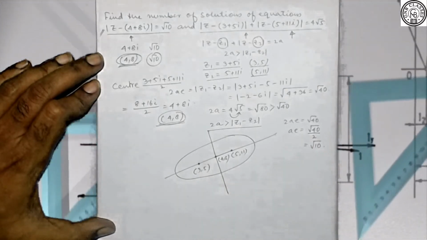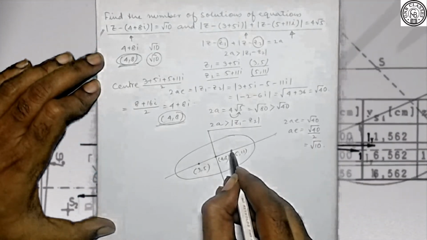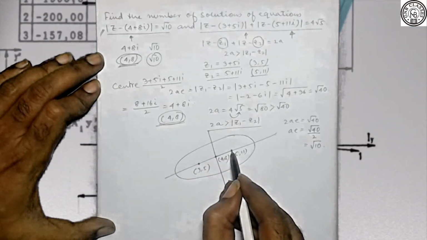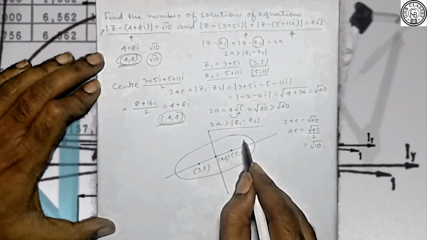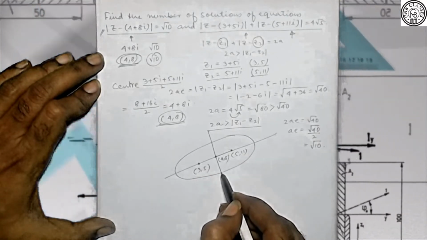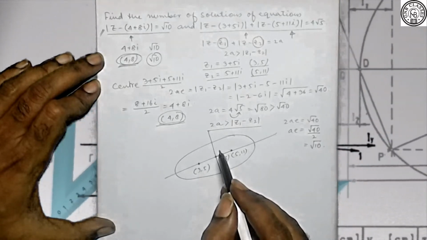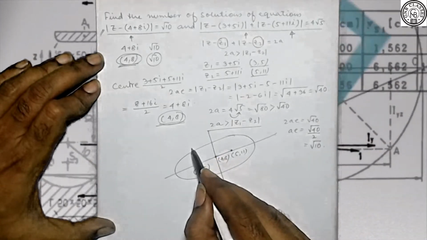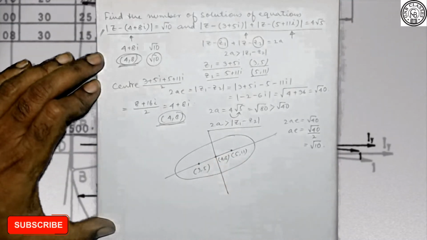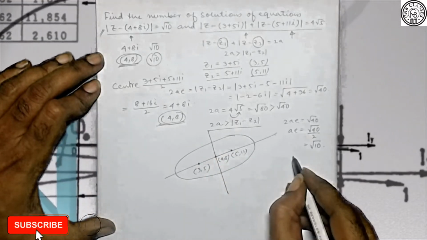Now the question comes: if the circle is passing through these foci, we have 3 cases. Either this circle will not touch the ellipse but will pass through the foci, or it can touch the ellipse at 2 points, or else it will intersect the ellipse at 4 points. These are the 3 options we have. Are you getting my point?